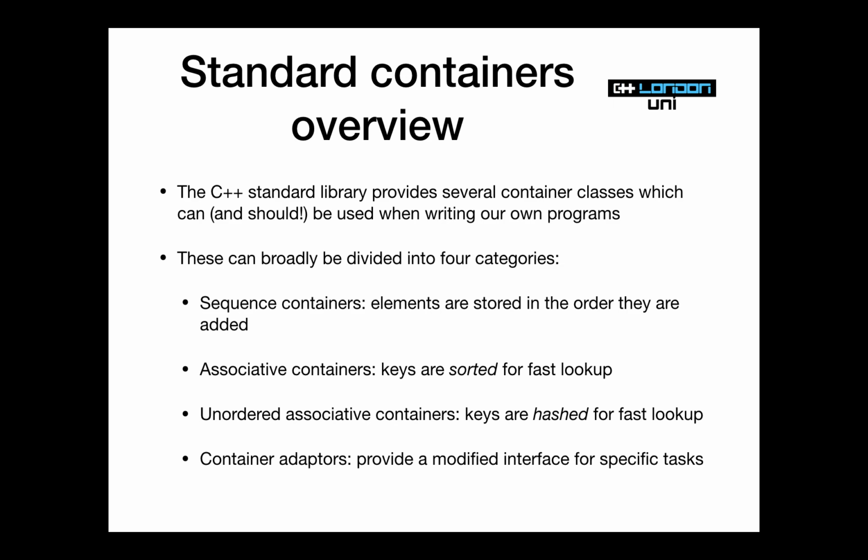The unordered containers, on the other hand, are not ordered. They're hash tables, basically, hash sets, hash maps. And finally, we have these adapters that don't get a lot of use, but I thought I'd include them for completeness.